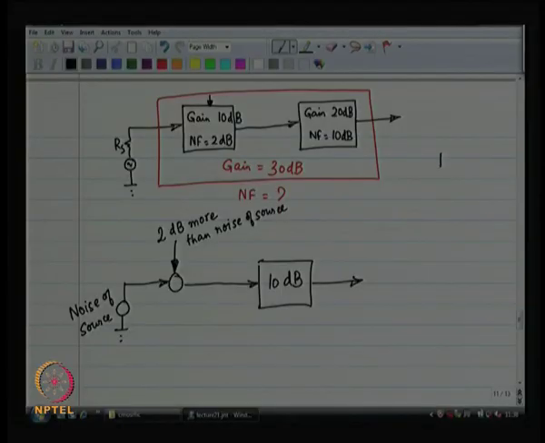If I put a source over there, then the second building block can be modeled as some noise coming from the source, some noise coming from itself, which is 10 dB larger than the noise of the source.